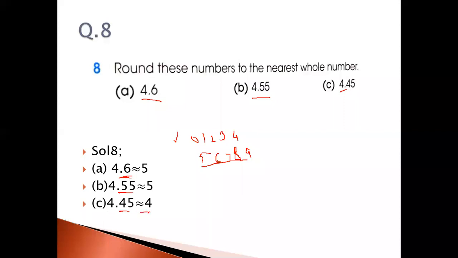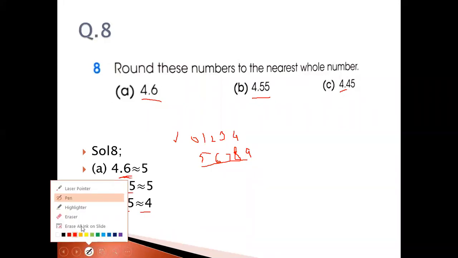So 4 will remain 4 as it is. Only in case of 5, 6, 7, 8, 9 हम previous number में या whole number में 1 add करते हैं. In case of 0, 1, 2, 3, 4 हम add नहीं करते, fractional part को simply remove कर देते हैं. All this is clear to you? I hope this is clear.